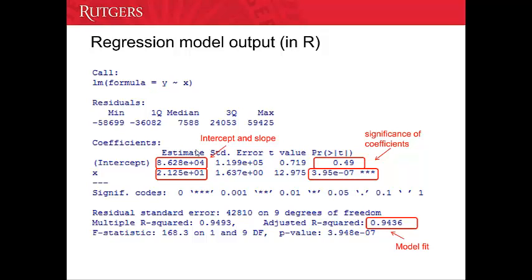In our example, this is the intercept, and this is the slope. The p-value measures the probability that the values for the slope and the intercept are not derived by chance.